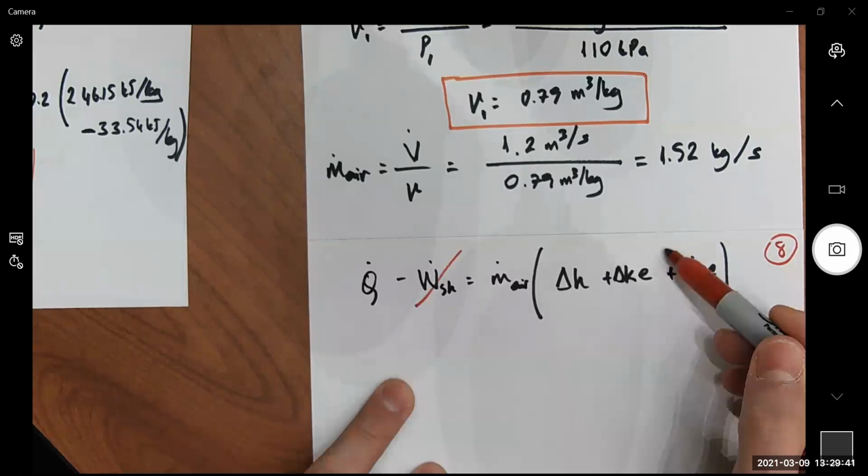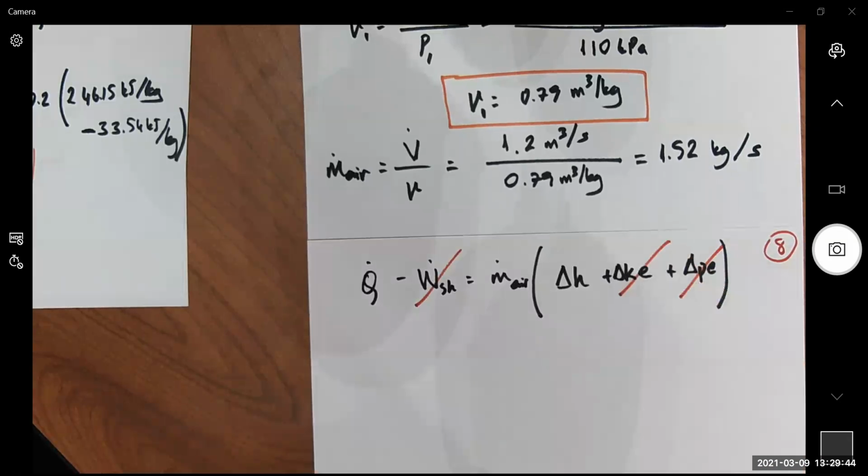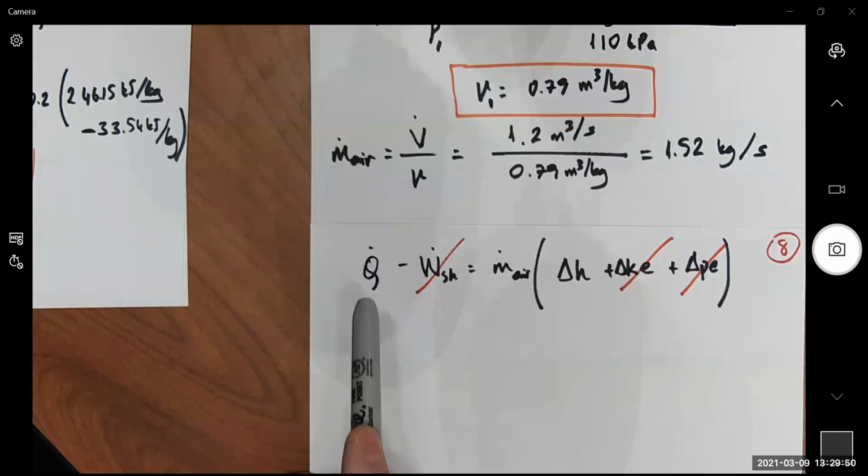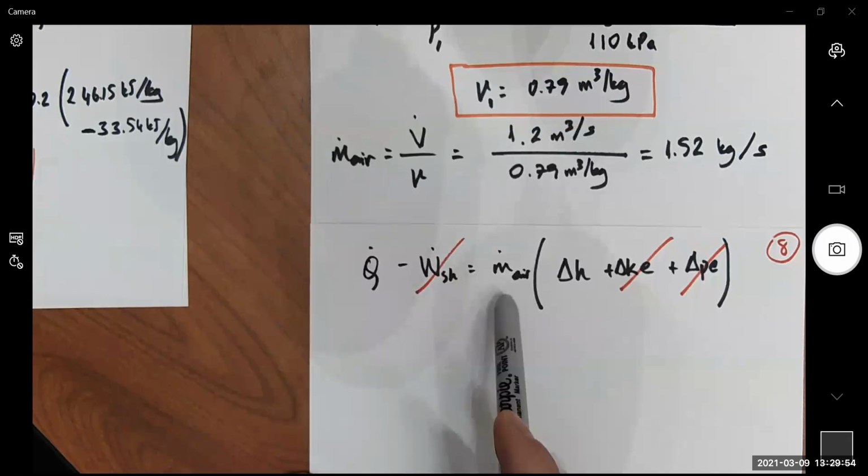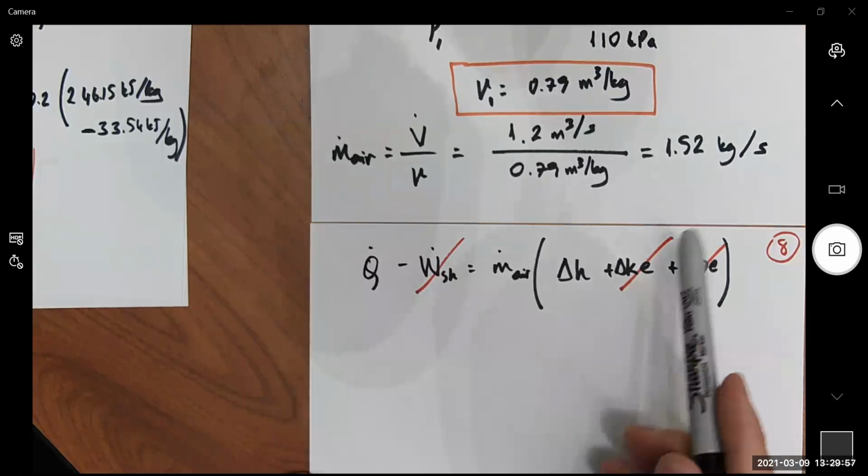Our work, kinetic energies and potential energies are negligible. I know my Q, it's given in the problem. I just found my mass flow rate. How do I find my H?